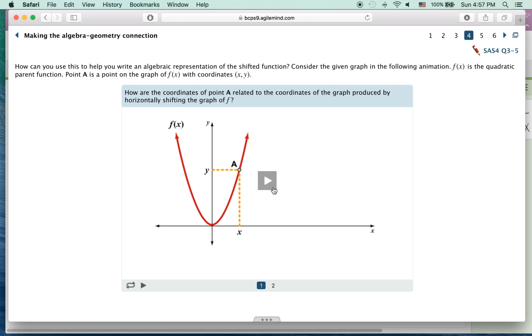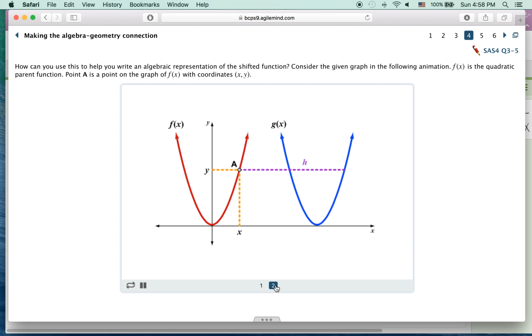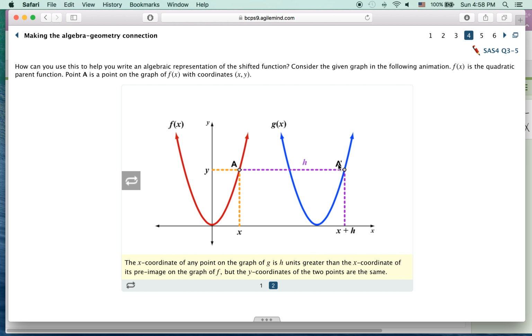Okay, so we're going to look at this in animation form. The value of g at this point we'll call a prime, and it's equal to a, which was the value of the function f at x.